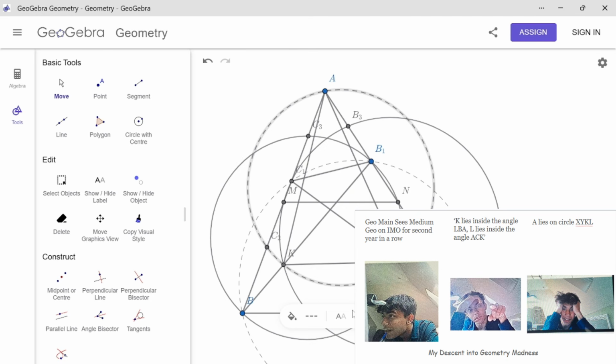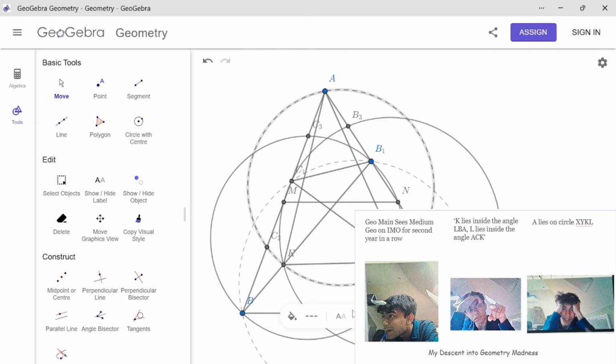AB3 times AC is equal to a half AB1 times 2AN, which is AB1 times AN, which is AC1 times AN. So B3 is on circle AC1 and C.